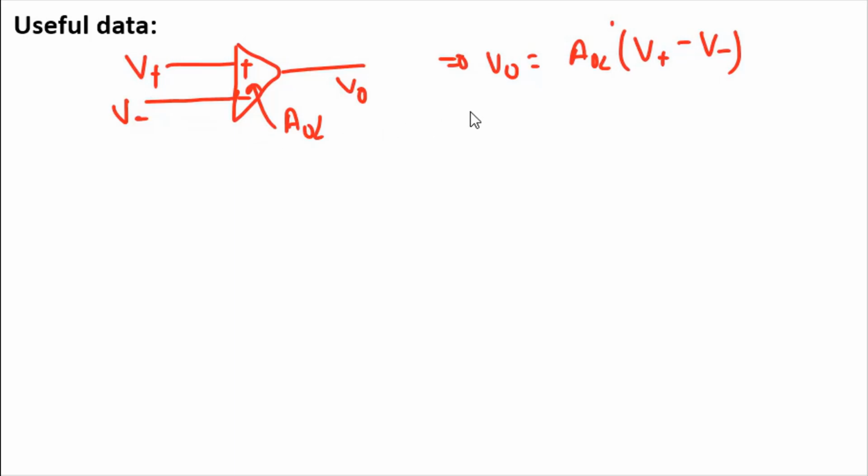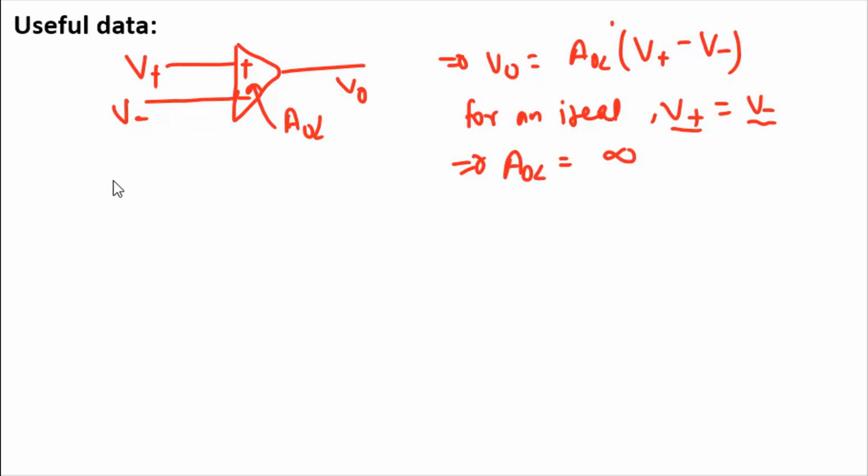So for an ideal op-amp, your V plus is equal to V minus, that is the voltage at the non-inverting terminal is equal to the voltage at the inverting terminal. So your open loop gain for an ideal op-amp is infinite. Now, this is the first useful data for this question.